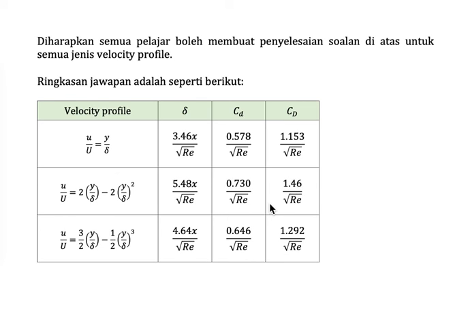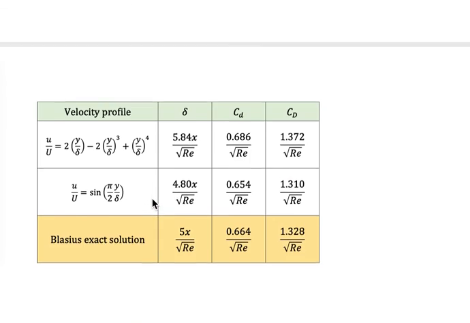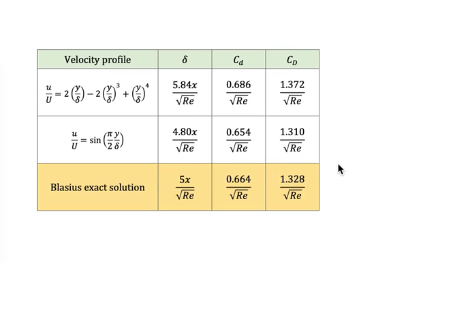So I hope you can try at home to get the values of delta and C D for this and other types of velocity profile. Then here I show you one answer for the Blasius exact solution. I will explain about this in my next presentation.